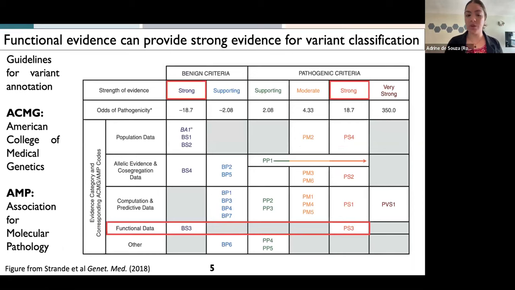Here I'm showing you the guidelines of the ACMG-AMP group. I'm highlighting the important evidence for this talk, that is the functional data that can provide strong benignity and pathogenicity evidence compared to predictive data or population data and co-segregation data.